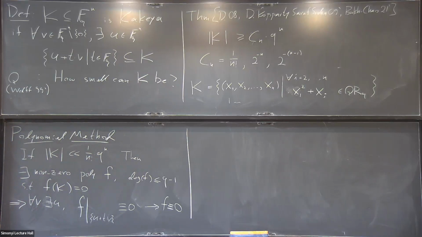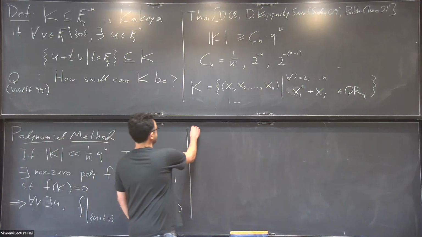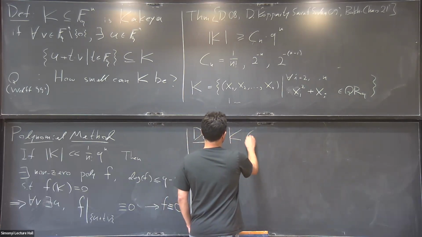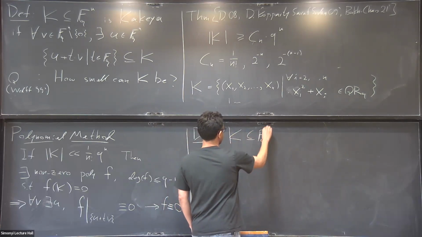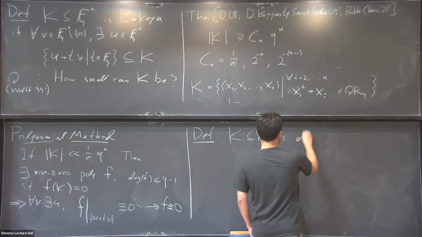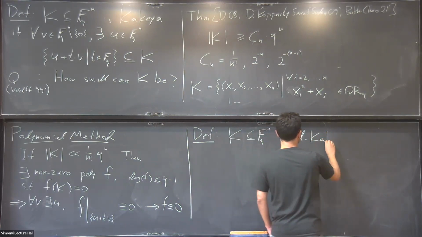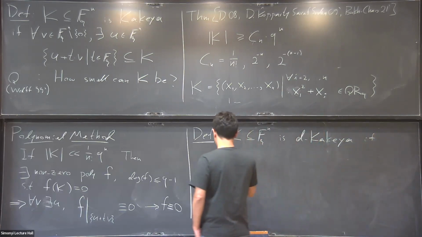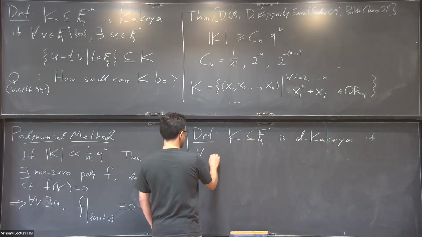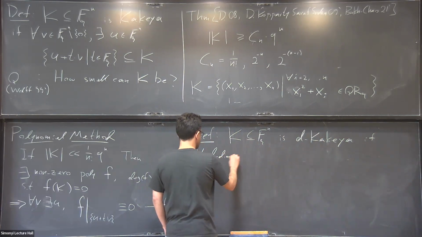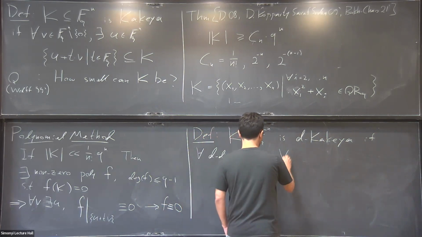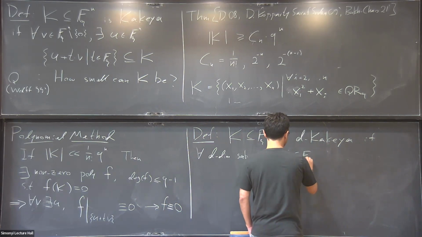So let's move to a higher dimension and see what happens. So let's give the definition. Again, K. Let's call it D Kakeya, if for every d-dimensional subspace V, this is the direction.